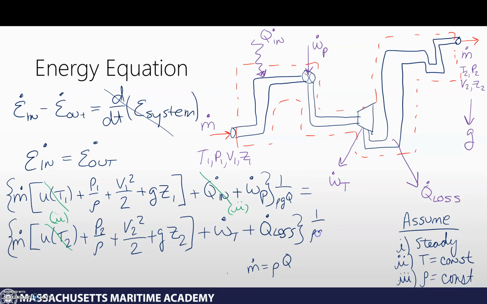Multiply this by rho g Q. And I'm going to do that to put the equation in a slightly different form. So the important thing to note is when the fluid part gets divided by the rho g Q, well, rho Q will knock out the m dot, and so all I'll be left with is g.